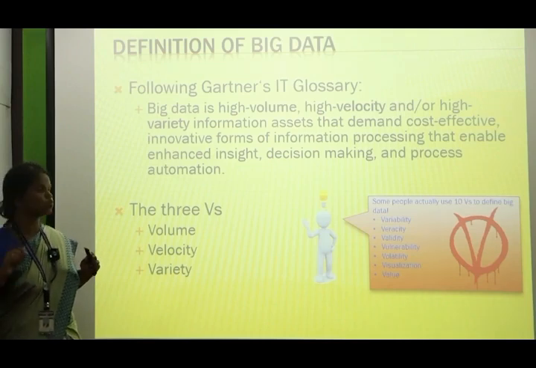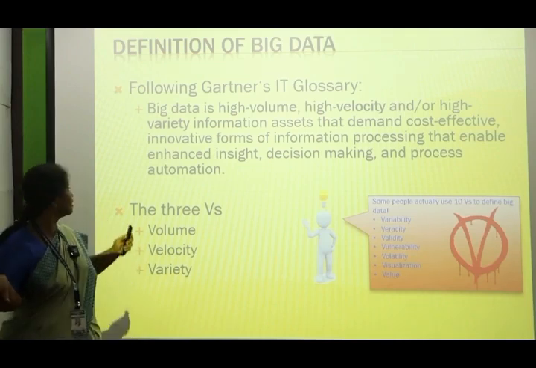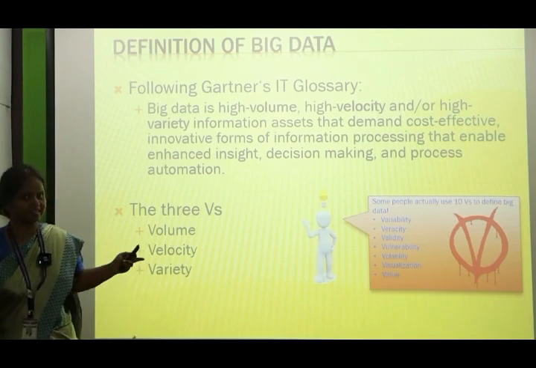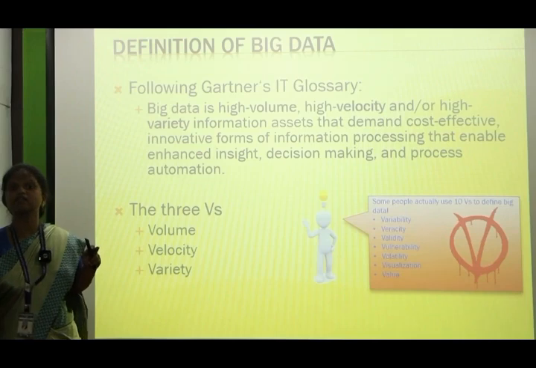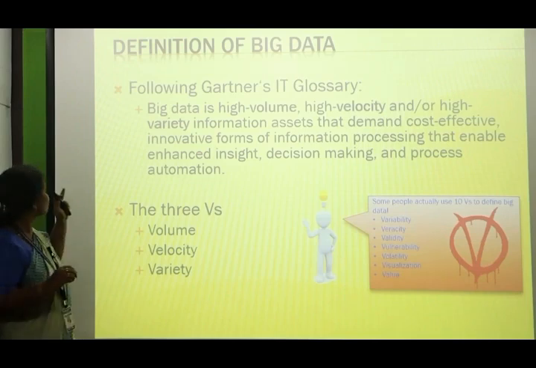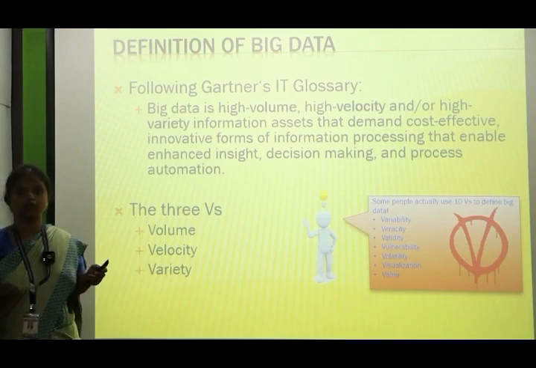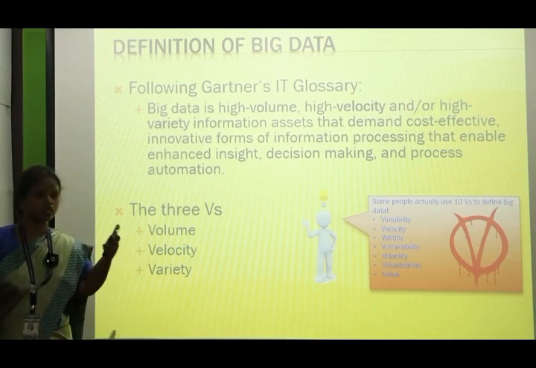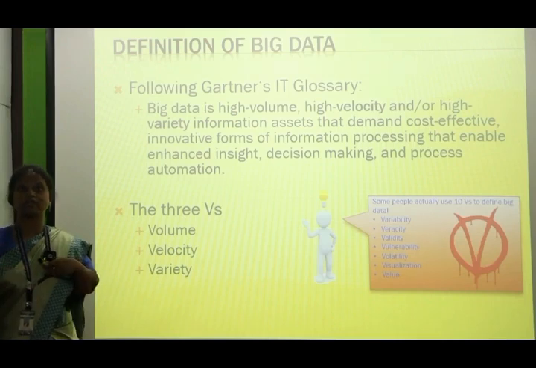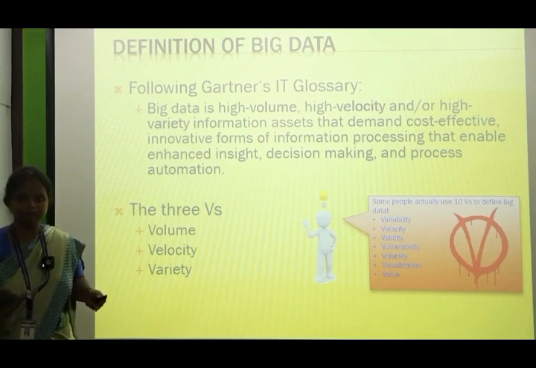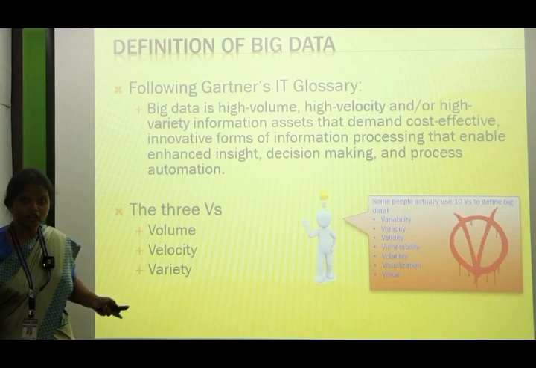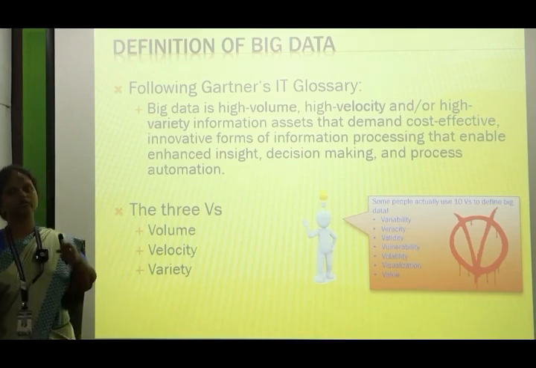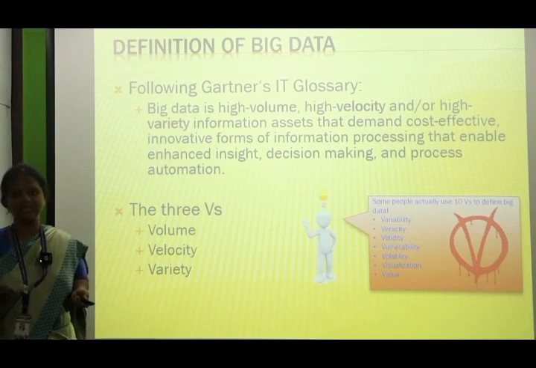You have to know what is volume, what is velocity and what is variety, right? Volume is nothing but size. Velocity is nothing but your speed. And variety is how much variety of information there is, that is structured data, unstructured data, semi-structured data, web data, right? So we have a variety of data. All sorts of data combine together to make big data.